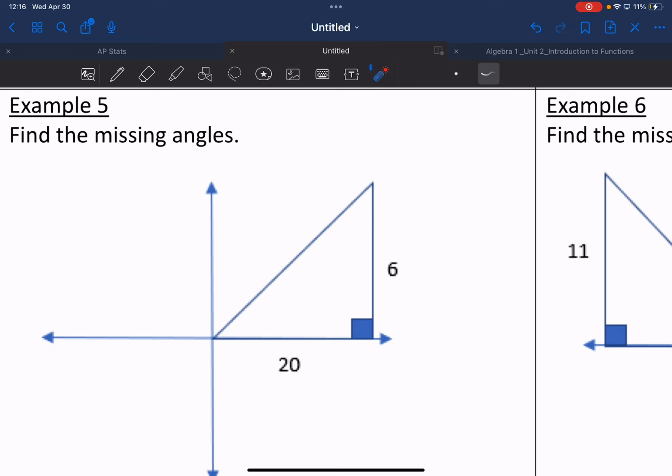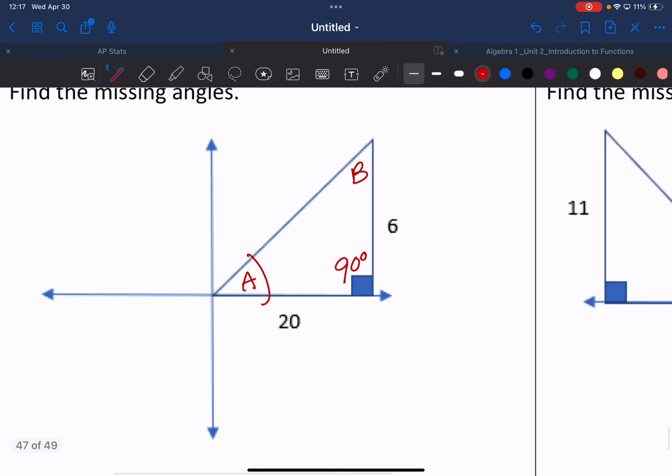Tangent, okay? So first I'm going to label everything. This is 90 degrees, this is angle A, this is angle B. I'm trying to find angle A, and I don't have the hypotenuse, H. So I know I can't do sine and I can't do cosine, so I have to use tangent.